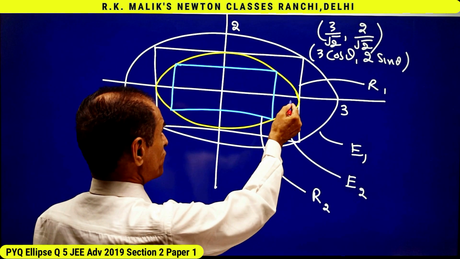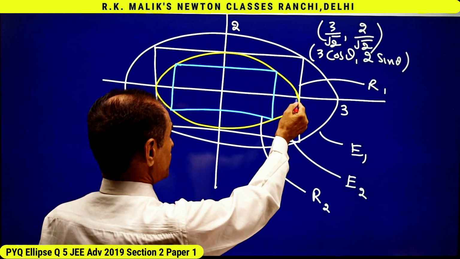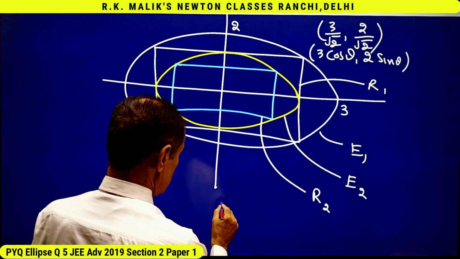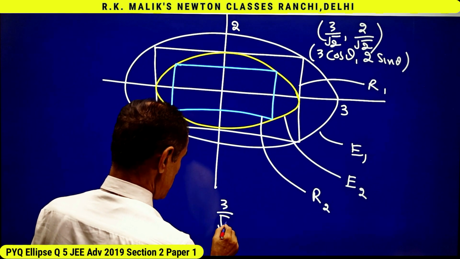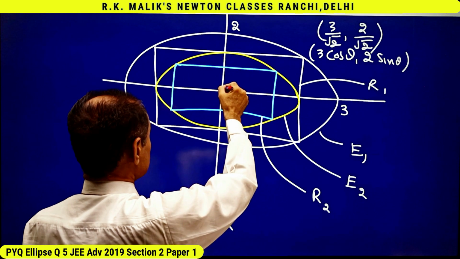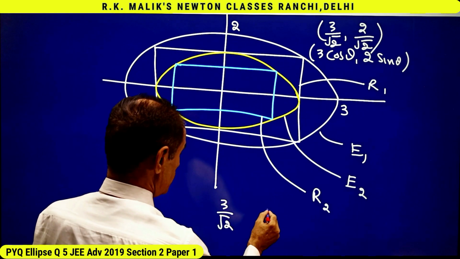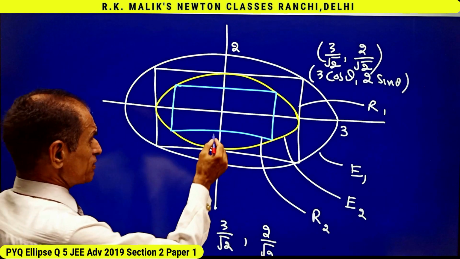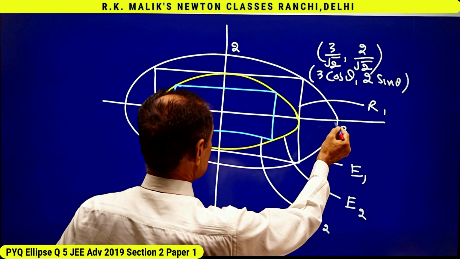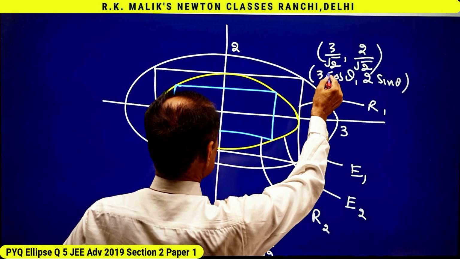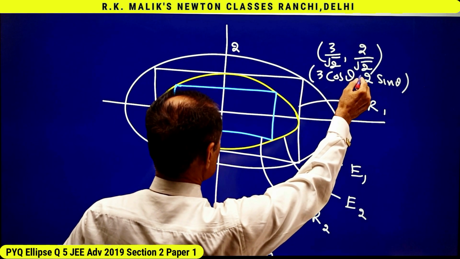It is clear from the figure that the semi-major axis of ellipse E2 is 3 by root 2 and the semi-minor axis is 2 by root 2. Previously, when the semi-major axis was 3, I had got this vertex as 3 by root 2, 2 by root 2.